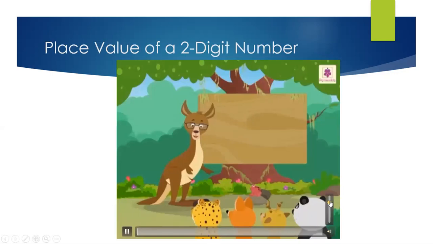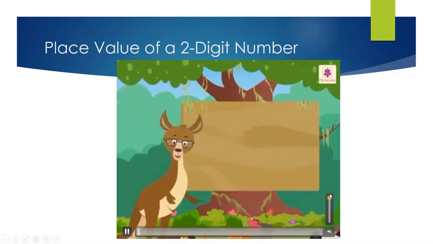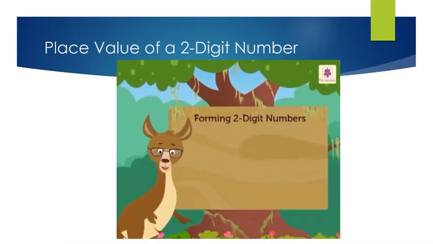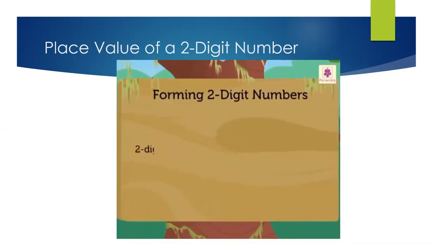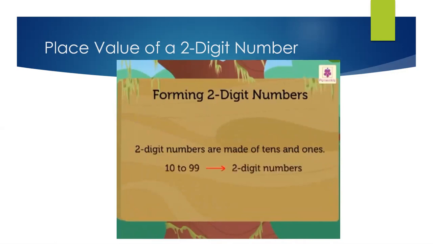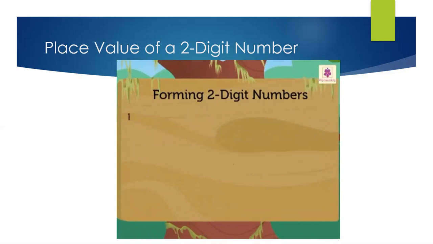Hey, look, Caddy the kangaroo is going to teach us how to form two-digit numbers with a given set of digits. Hello, kids. We already know that two-digit numbers are made of tens and ones. Numbers from 10 to 99 are called two-digit numbers. Let's take the digits 5 and 6.